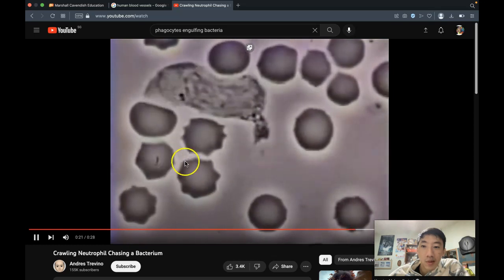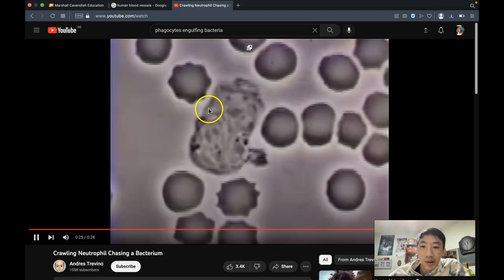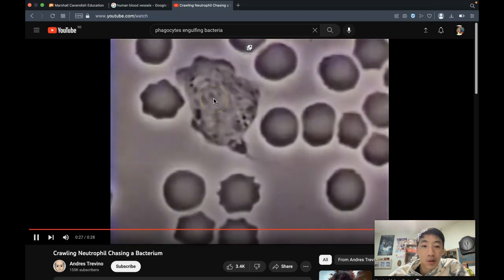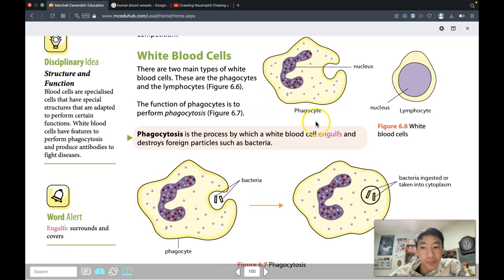These are our red blood cells, by the way. And nom nom nom, he got the bacteria. So once it's inside the cell, he'll start to do phagocytosis and destroy the bacteria.